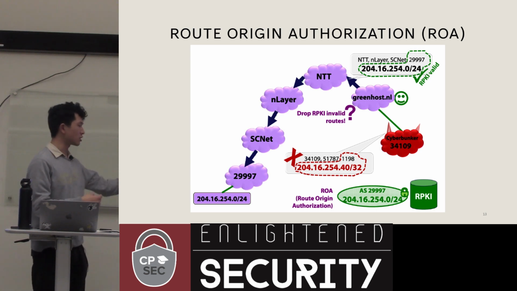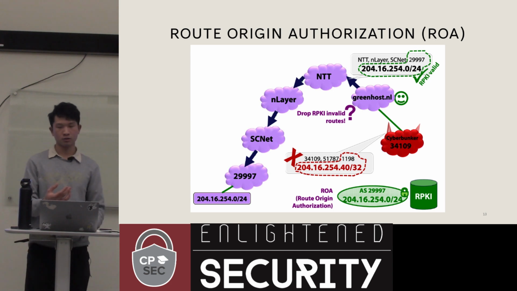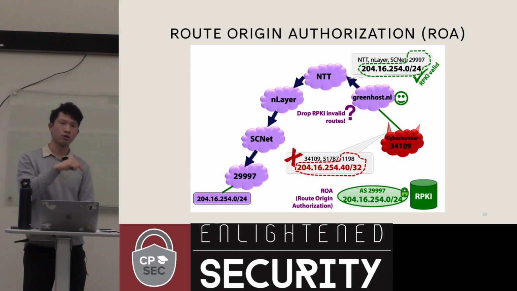This is all authorized by your regional internet registry, someone like ARIN or APNIC. At that high level, they're authenticating that this autonomous system owns this prefix space.